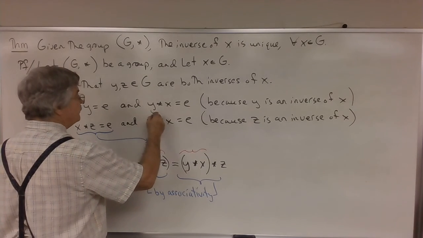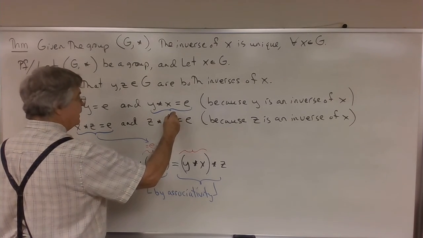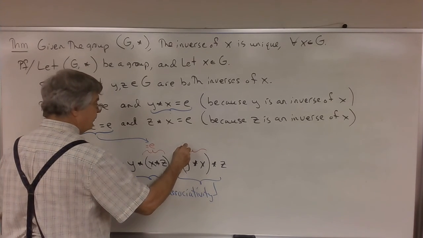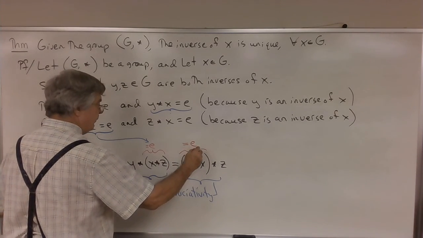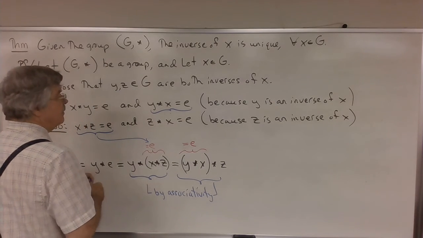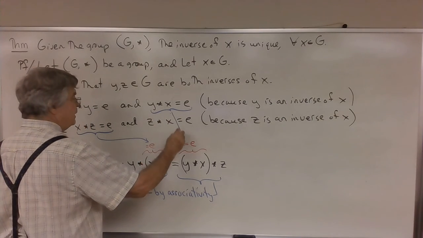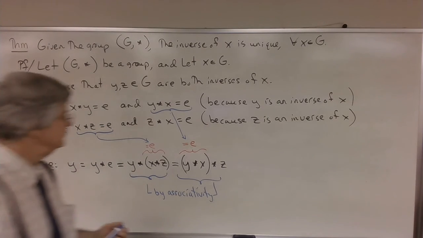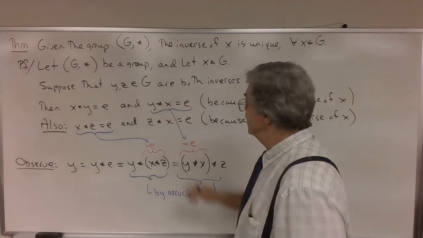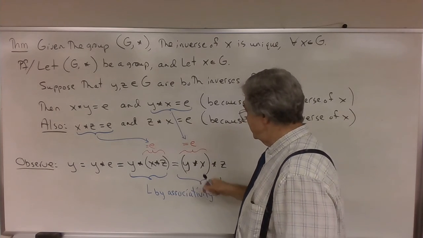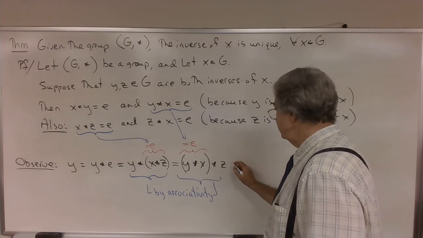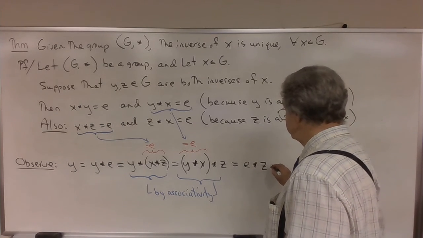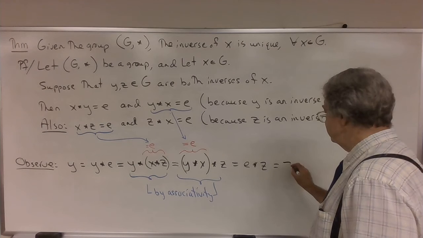Y star x is also equal to the identity. And we find that out right up here. Y star x is the identity. So this is E star z, and that's just z.